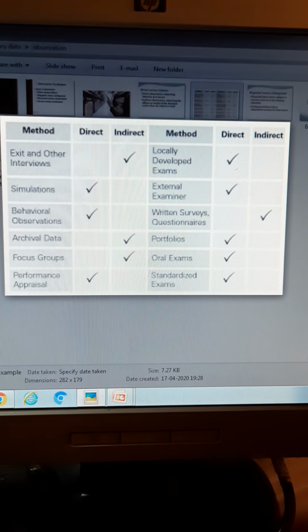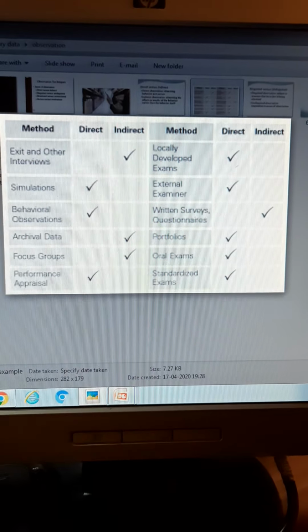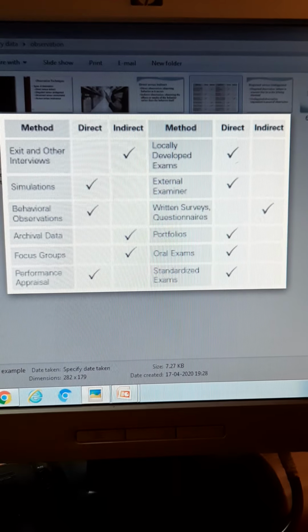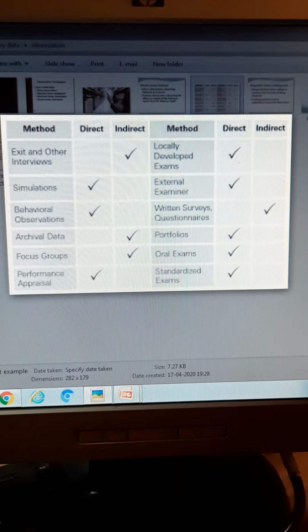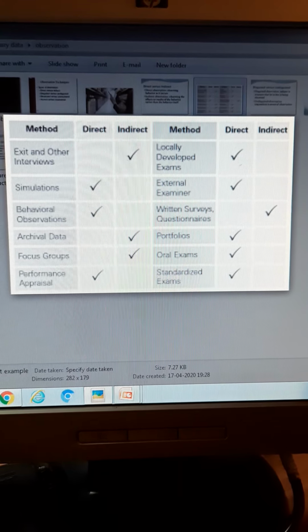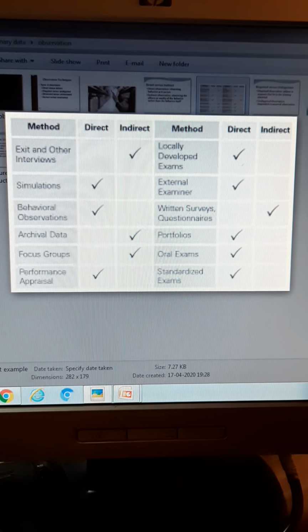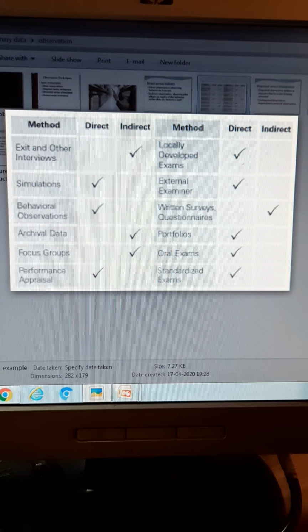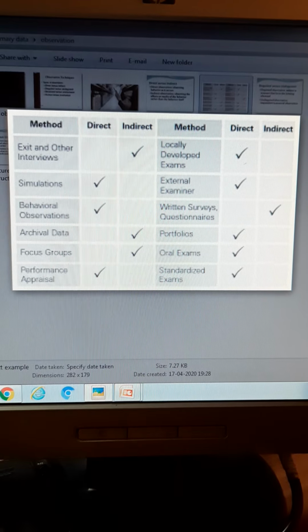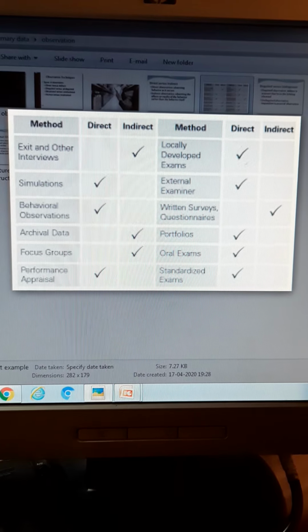What was your experience? What do you think we should do to make the company better? Right? The next one, simulations. Simulations are giving some live situations. Role play is a simulation. It's a direct method of evaluation.